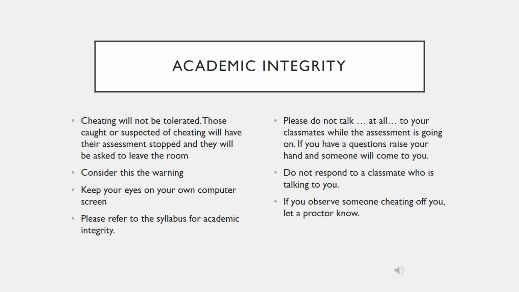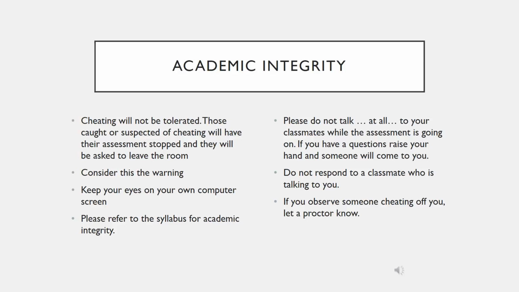I'm sure everyone knows this, but as we go through academic integrity, I just want to remind you all that cheating of any type will not be tolerated, and that people who are caught or suspected of cheating will have their assessments stopped, and you'll be asked to leave the room, and then you'll have to follow the procedures for the School of Nursing academic integrity policy.